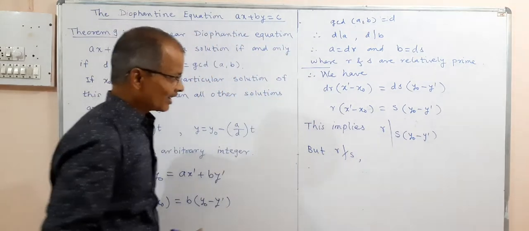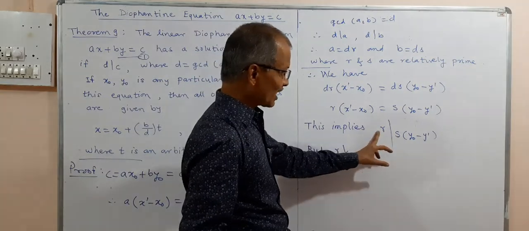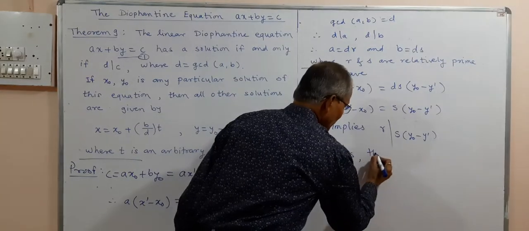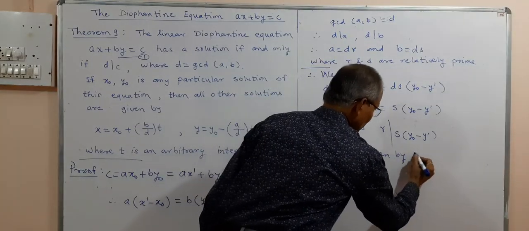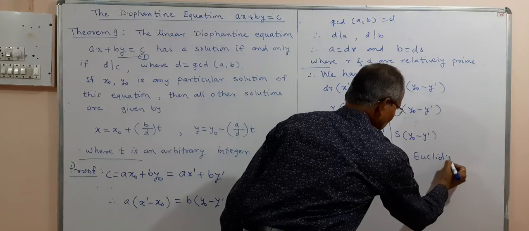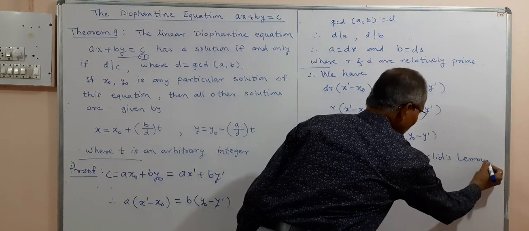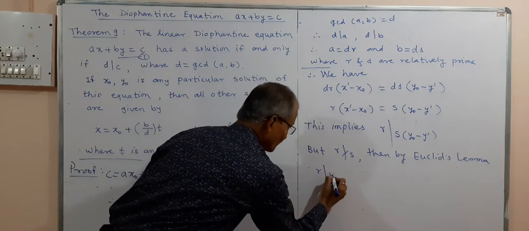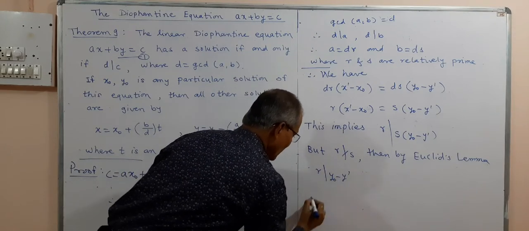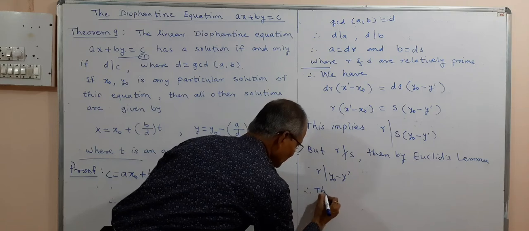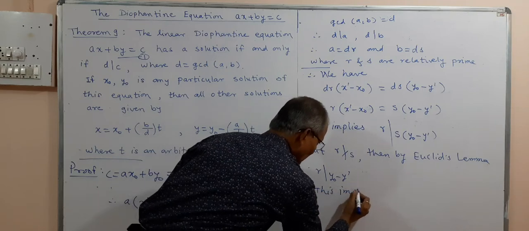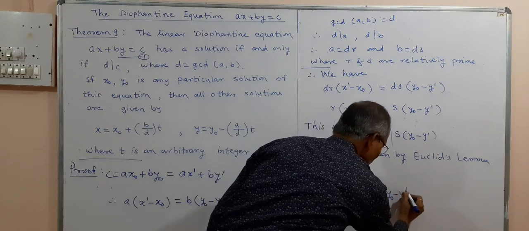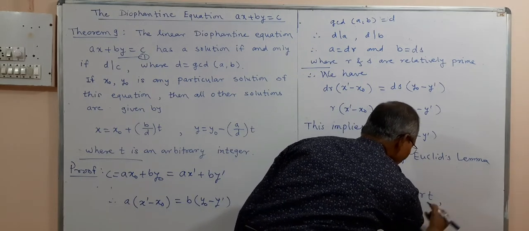And by Euclid's lemma, if r does not divide s, then r must divide y naught minus y dash. You may refer to this Euclid's lemma. R must divide y naught minus y dash, and therefore y naught minus y dash is a multiple of r, that is rt for some integer t.